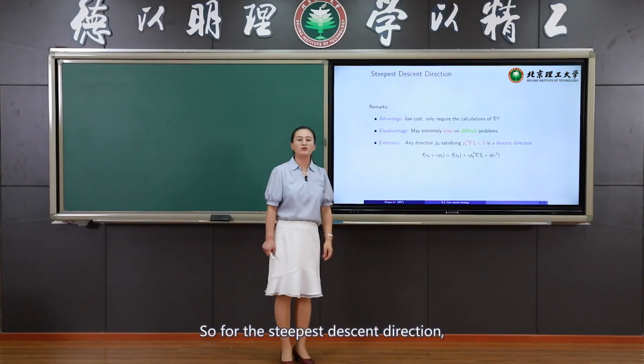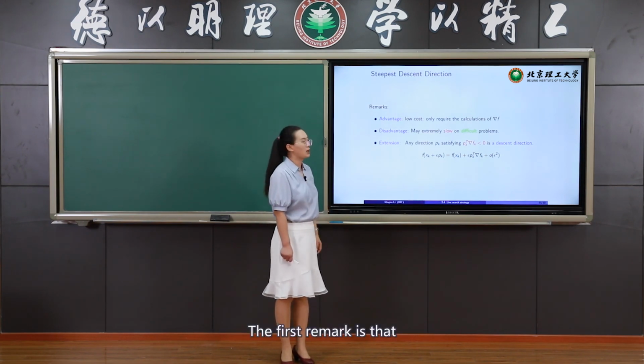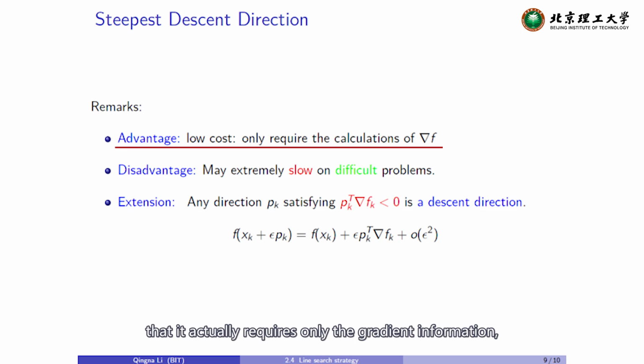For the steepest descent direction, we have some remarks. The first remark is the advantage of this direction. As you can see, it requires only the gradient information, which means the computational cost is not that expensive. We just need the gradient.